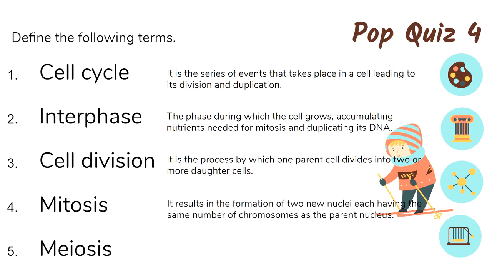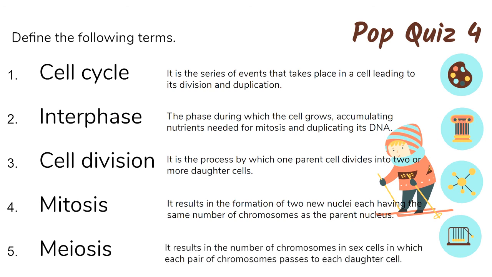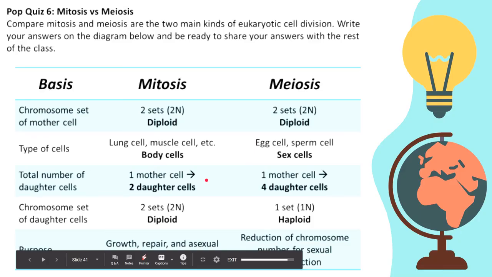Mitosis is the formation of 2 nuclei. Again, mitosis is the division of the nucleus performed by body cells to produce two diploid daughter cells. Meiosis is performed by sex cells, wherein the parent chromosome will produce four haploid daughter cells.